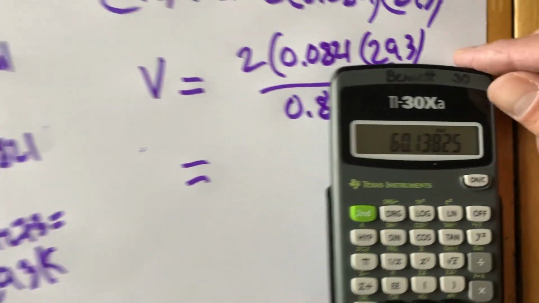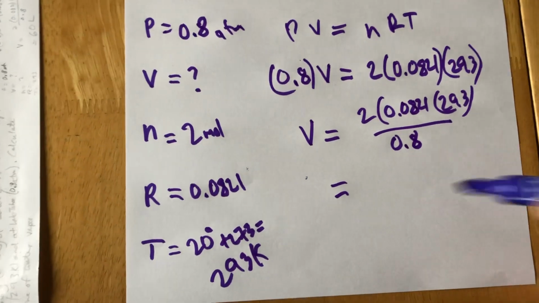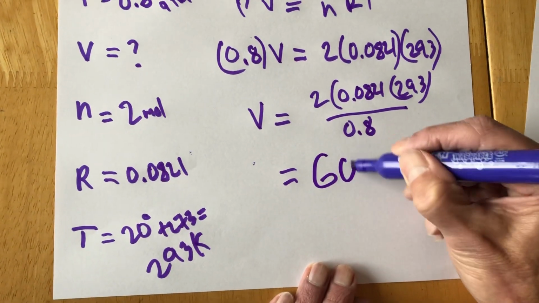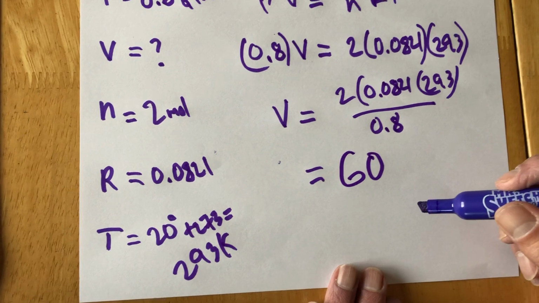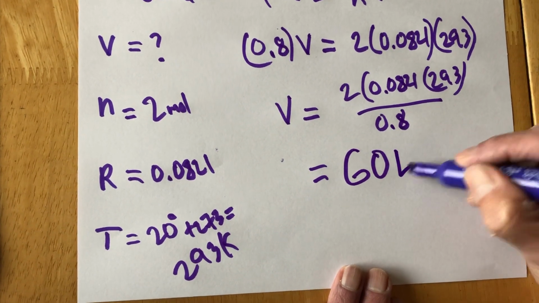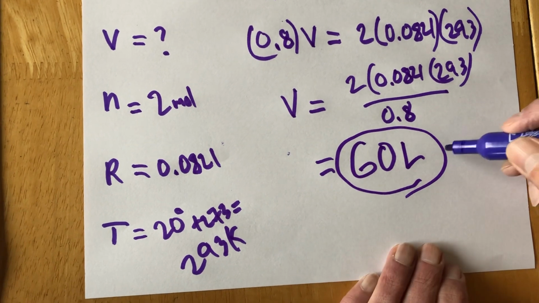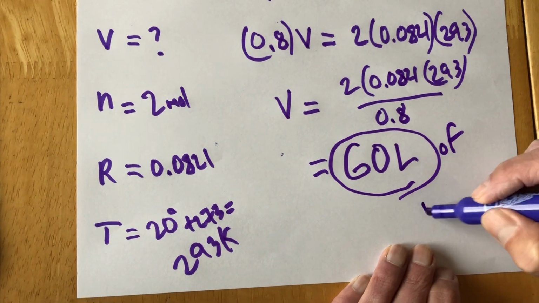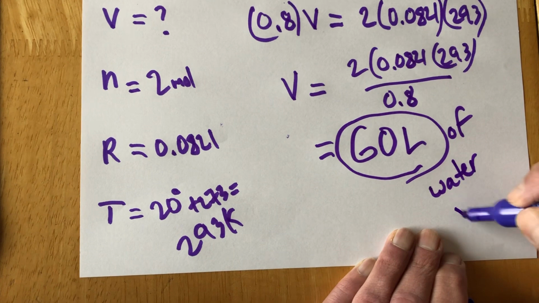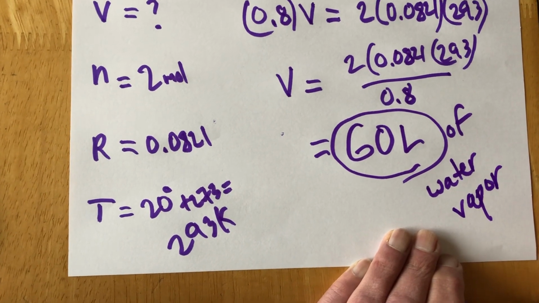We'll round off to 60. The volume in this case is always going to be in liters, so it's 60 liters. So 60 liters of water vapor is the answer.